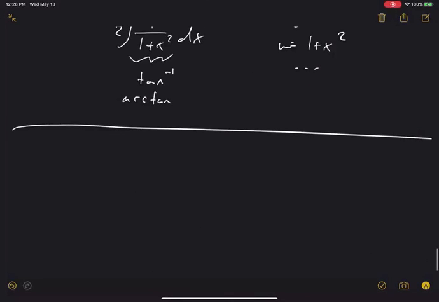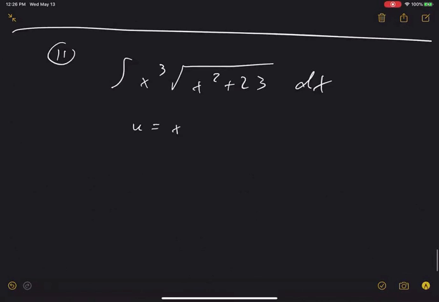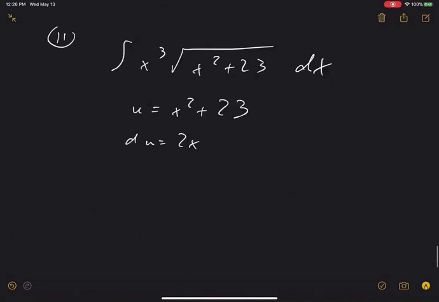Number 11 is one of those problems we talked about before. We have x cubed times the square root of x squared plus 23. My instinct would be to say u equals x squared plus 23, and then du equals 2x dx. So I should end up with x cubed square root of u, du over 2x.